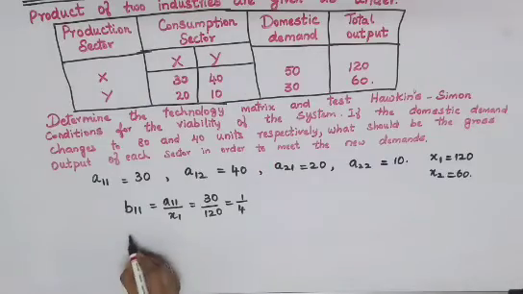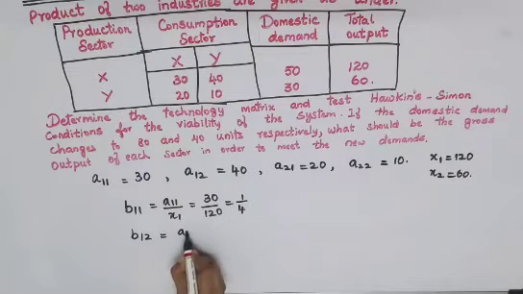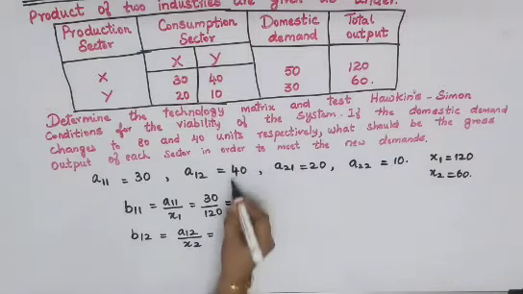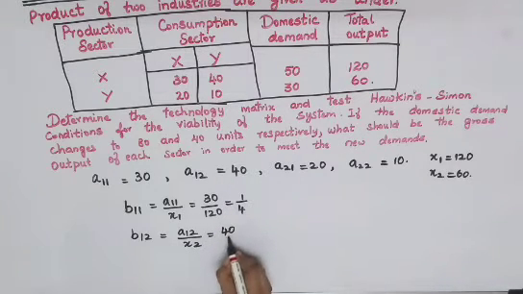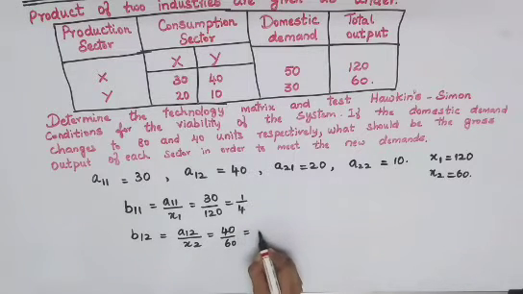Second element we will have to find is B12. The formula for that is A12 divided by X2. So we have A12 here, it is 40 divided by X2, which is 60. So 40 by 60, you will get 2 by 3.